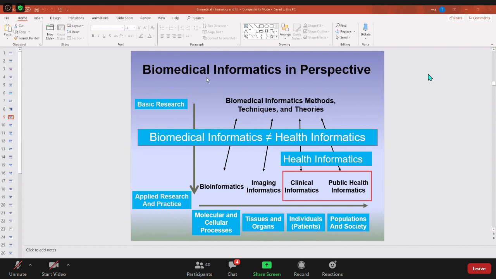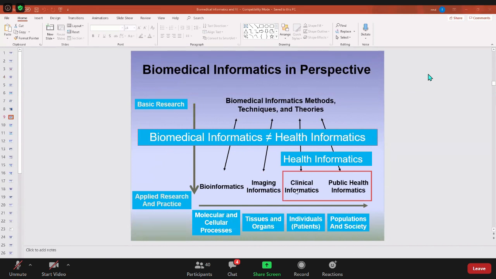Now you look at this particular term, biomedical informatics is not equivalent to health informatics, and it is not equivalent to bioinformatics. So health informatics is a subset of biomedical informatics. And we look clearly at how this component ranges from molecular to population.